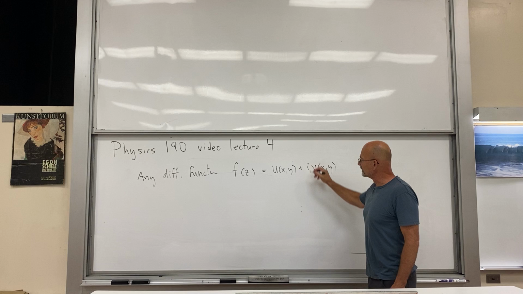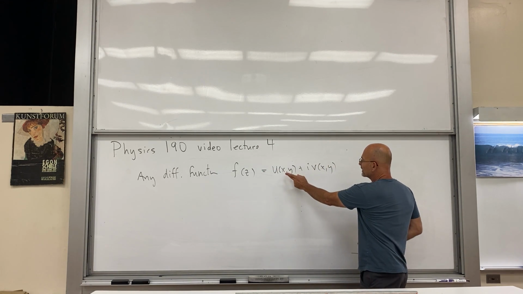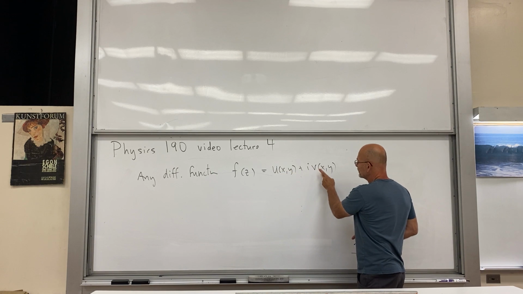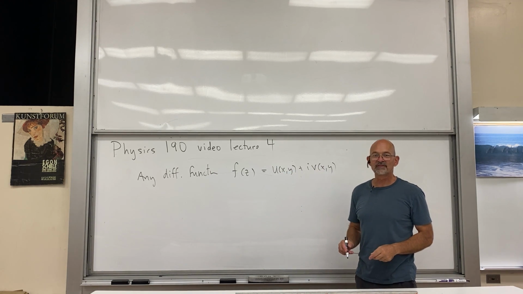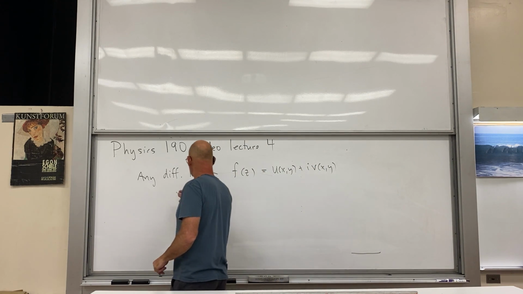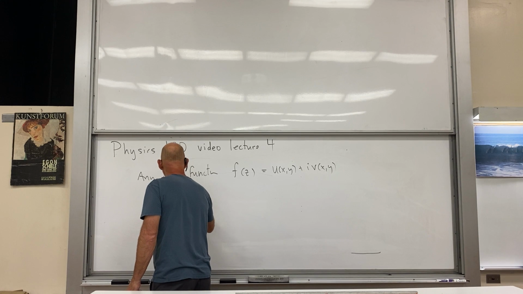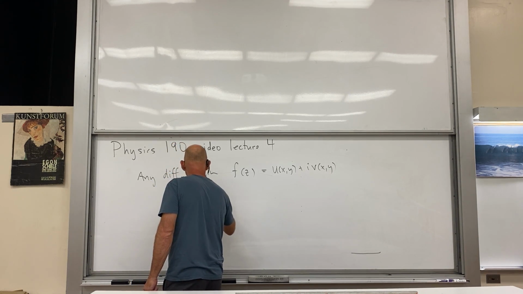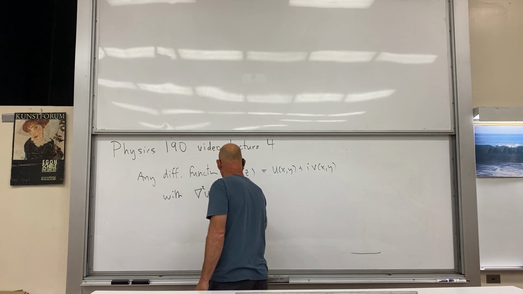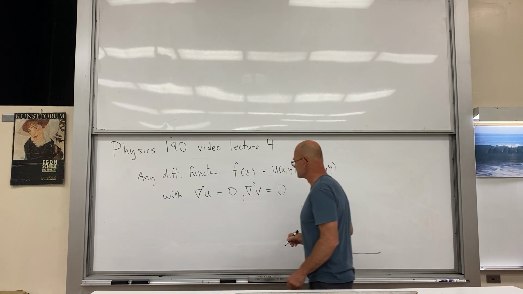There's the imaginary unit there. So any such function has these real and imaginary parts u and v that both satisfy Laplace's equation, with del squared u equals 0, del squared v equals 0.